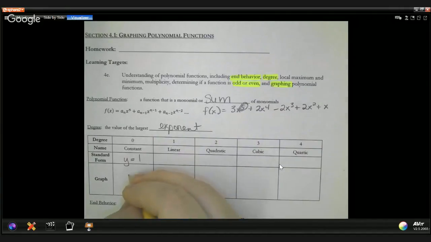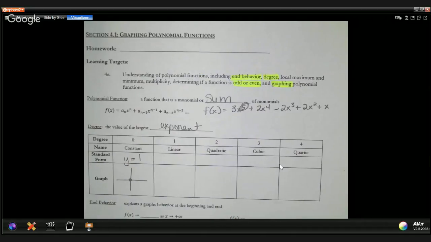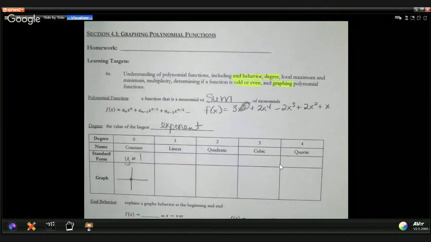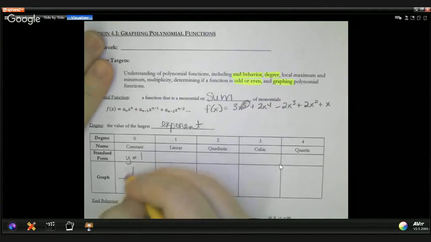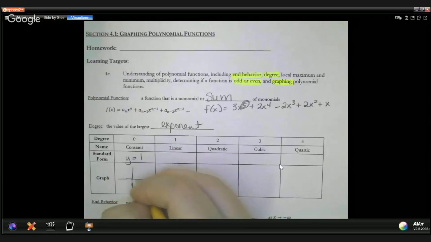So when you have y equals 1, it's a horizontal line that passes through the point 1.